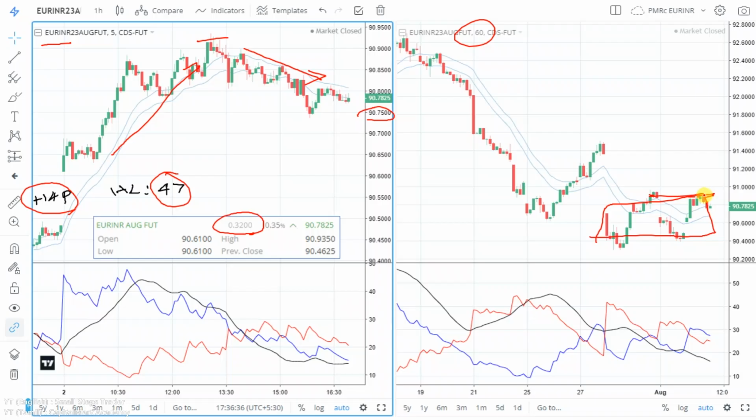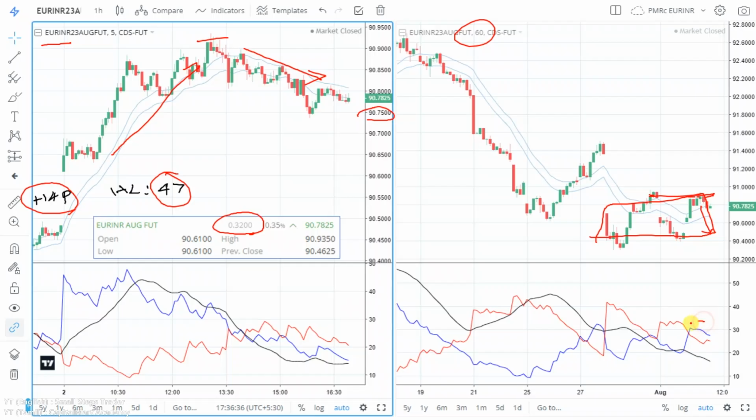So next session, whether it breaks the upper side or comes down again into the channel, we have to see. Whenever the channel breaks, only then the next move will come, but the next move will be quite huge.